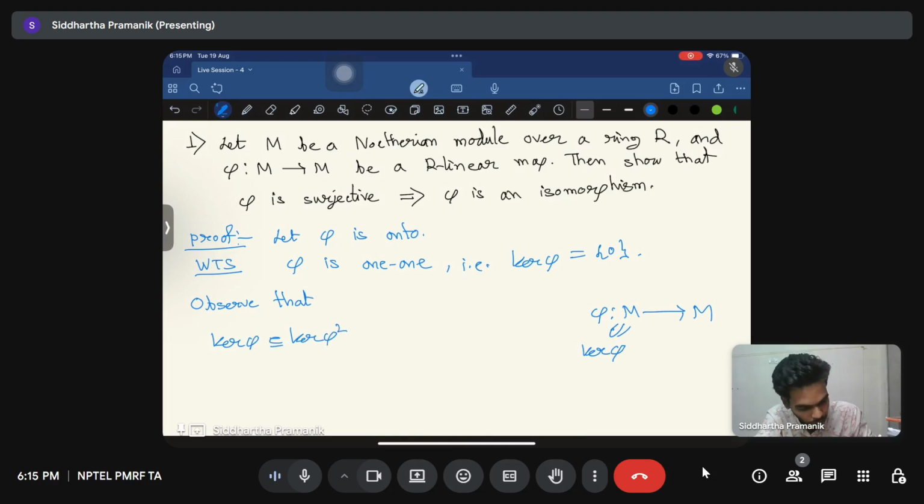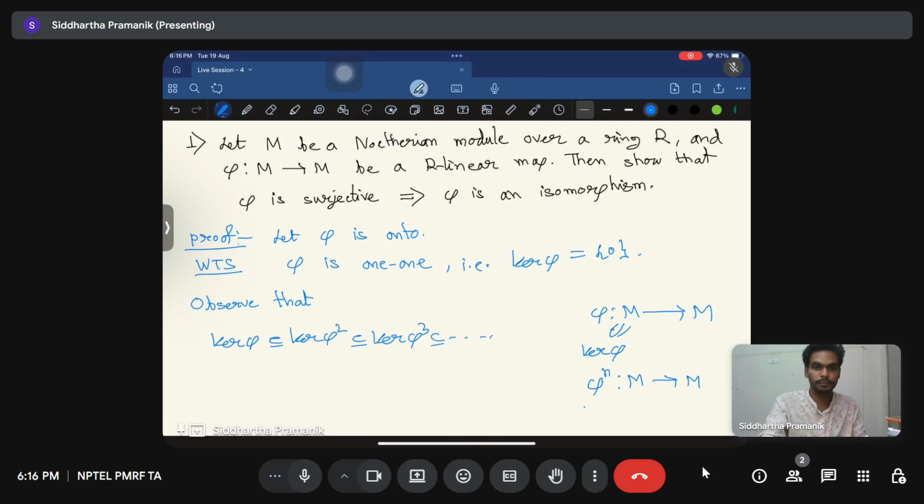I mean phi square is also a map from M to M, and not just square, any power will be a map from M to M, and this is an ascending chain of submodules: kernel of phi cube and so on.